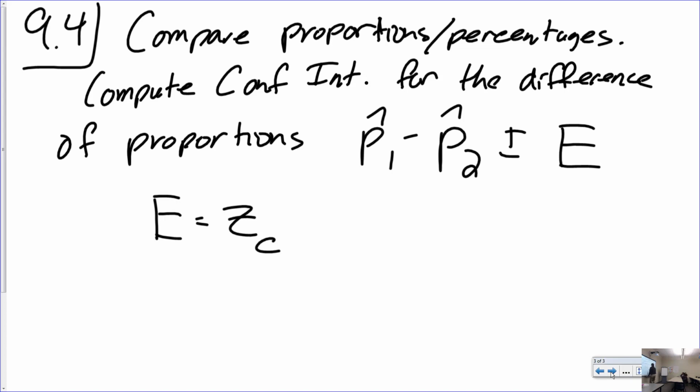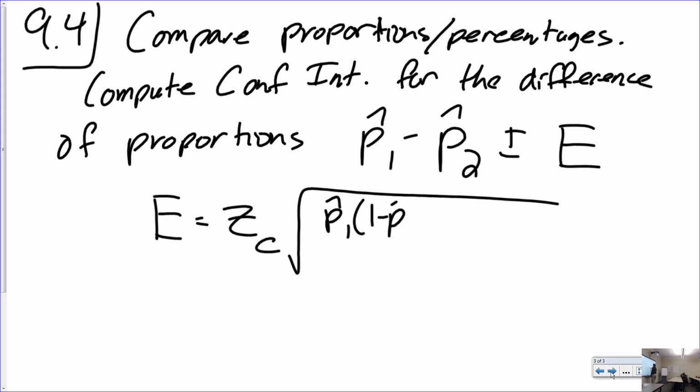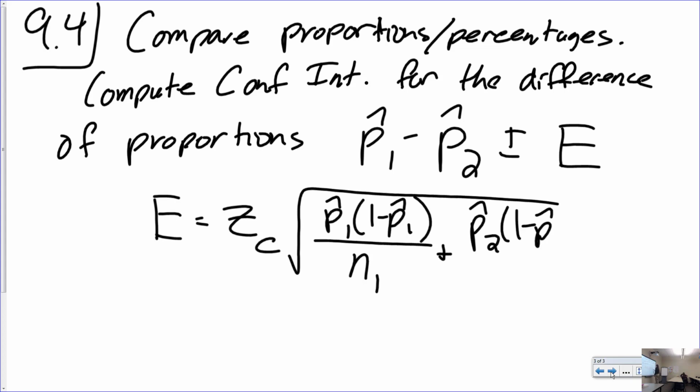It's the z crit times the square root of p hat 1 times 1 minus p hat 1 all over n1 plus p hat 2 times 1 minus p hat 2 all over n2. And again, that should look relatively familiar because that's what we were doing back in chapter 8 and even back in chapters 6 and 7 when we were dealing with proportions and trying to find standard deviations with them. Very similar type stuff.